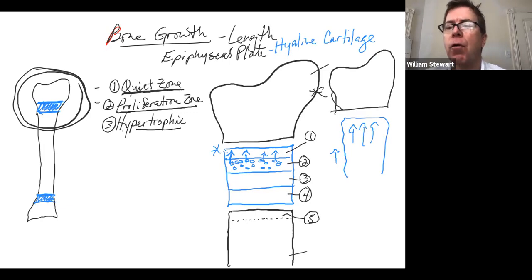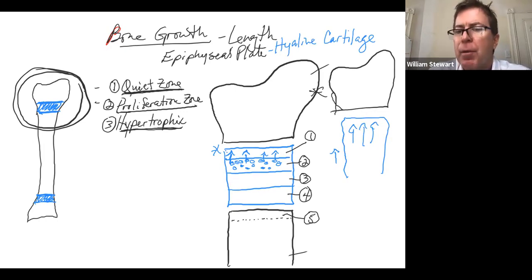Hyper means over or more than. Trophic means to die or decay. So old cartilage cells in this area down here, they blow up and die. So these are older cartilage cells. They expand and they die and leave spaces in this older area of the growth plate.